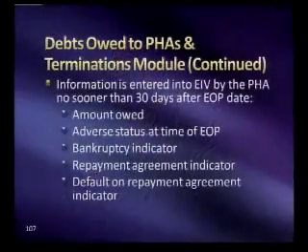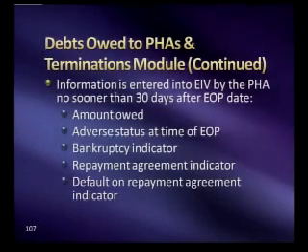Information is entered into EIV by you, the PHA. Notice what we're asking you to enter, and please keep in mind, you should not be entering any information into the debts owed module until 30 days after the EOP date. That 30-day window is the 30-day notice period for the family, okay?